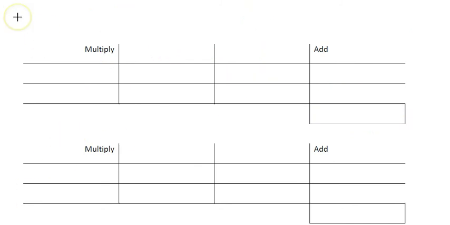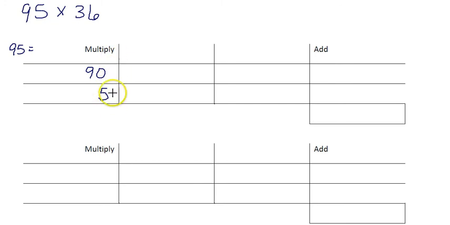Okay, now that I've shown you how it works with a 2 by 1, I'm going to show you how it works with a 2 by 2. So say we had 95 times 36. Okay, so 95 in expanded notation is 90 plus 5.